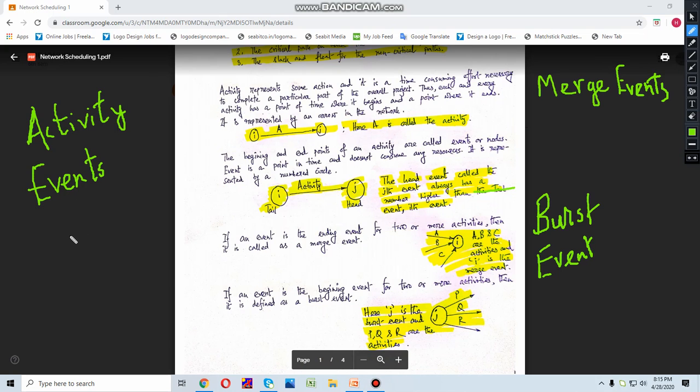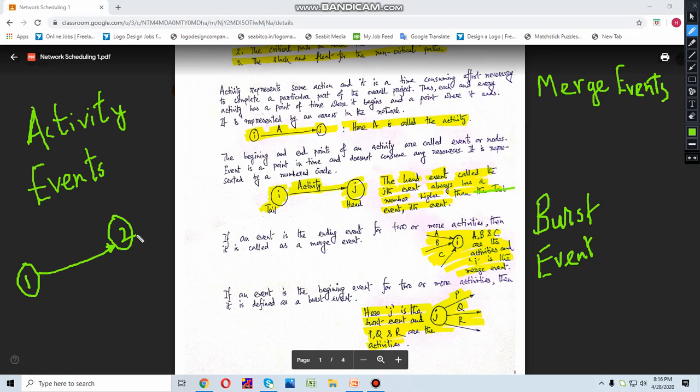So we have discussed this activity, and now we'll be discussing events. As you can see, an activity is comprised of two separate events. This is the first one and this is the second one, as I just discussed earlier: the starting event and the finishing event. Now you have to remember that no event consumes time.